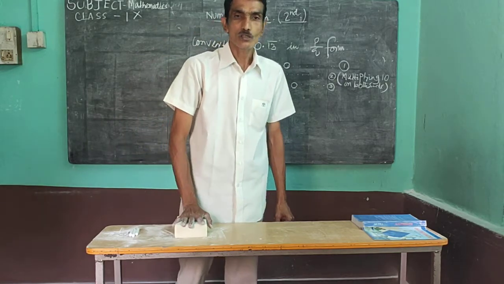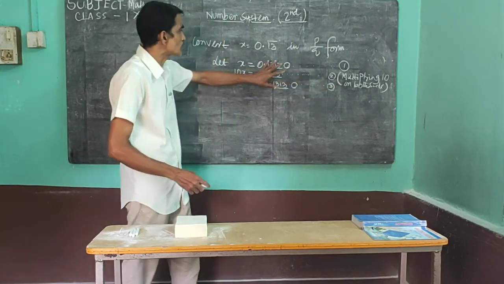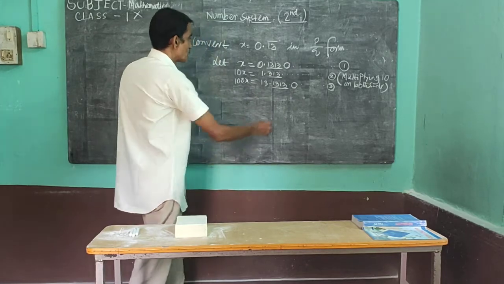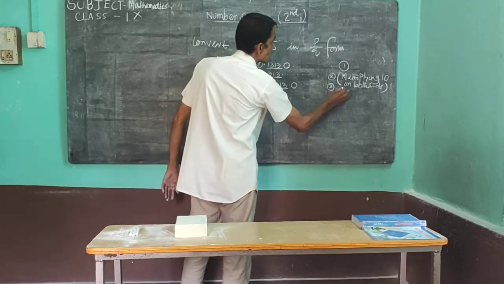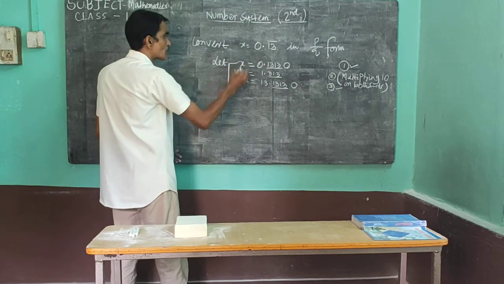Then, with the two equations whose decimal parts are equal, subtract them. That means now I subtract equation 1 from equation 3.